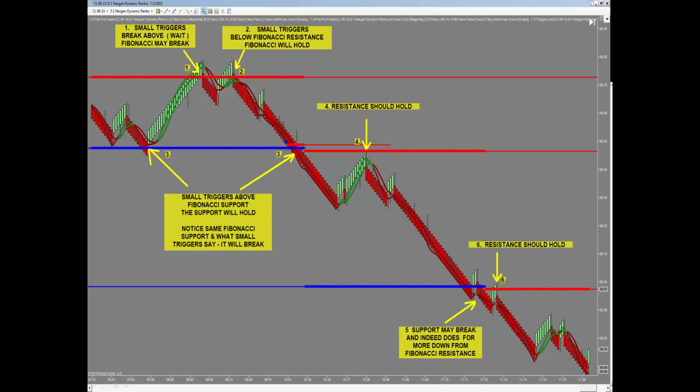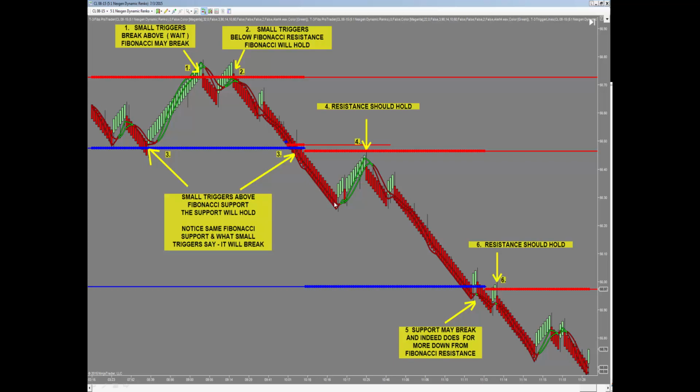And then when we reach Fibonacci support again, and again, you see I put number 3 on here twice. The first time they didn't break through, and they rolled up, and the second time we actually broke through that price area. So when we see this really strong trigger line into a Fibonacci area, there's a potential to break.